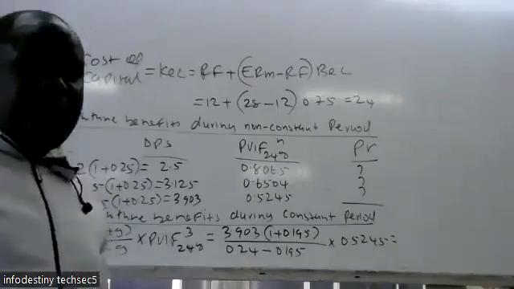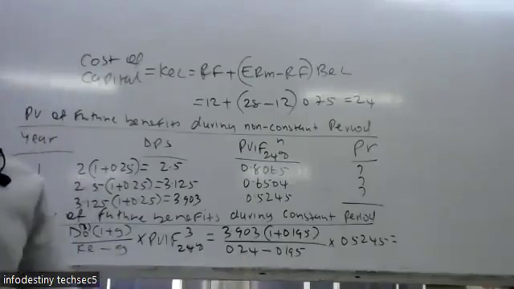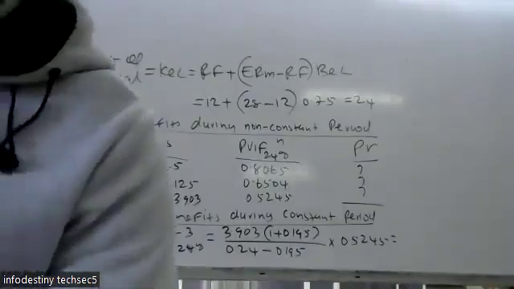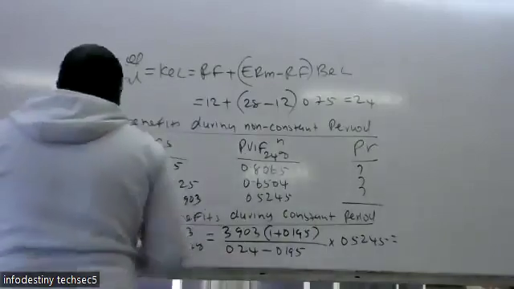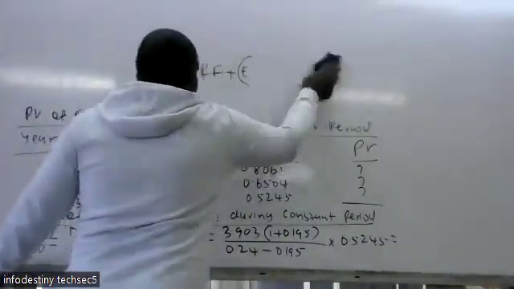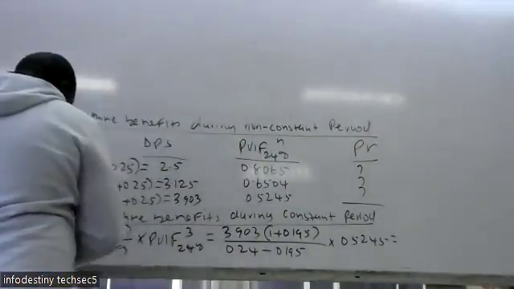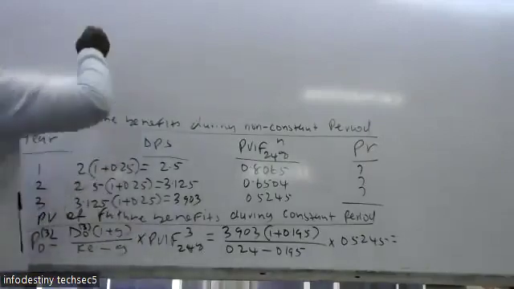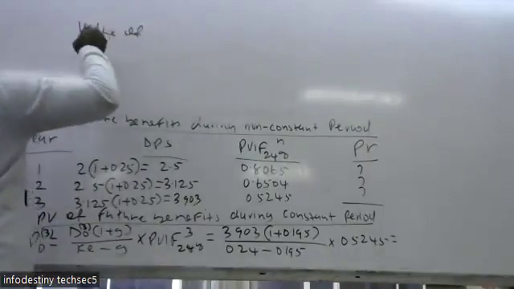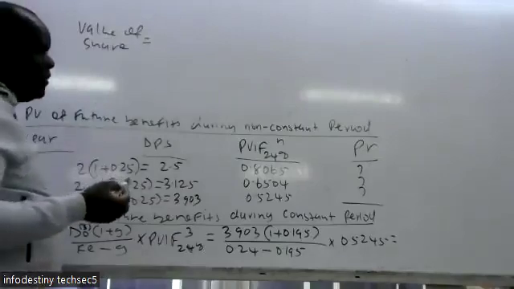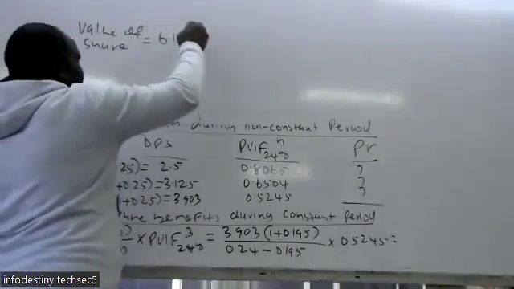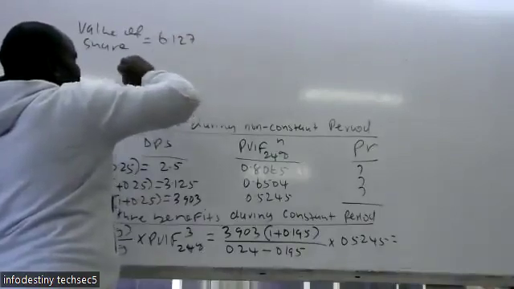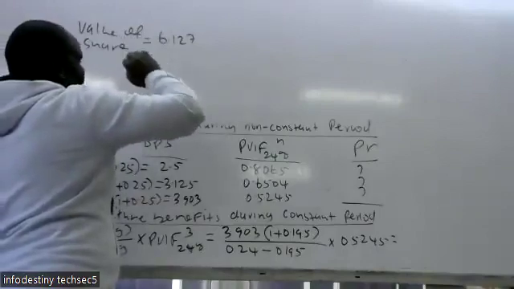So add them together now to give you the value of the share. Present value during the non-constant, then you add the present value during the constant. So the value of the share should be equal to, during the non-constant, remember, it was 6.1274.